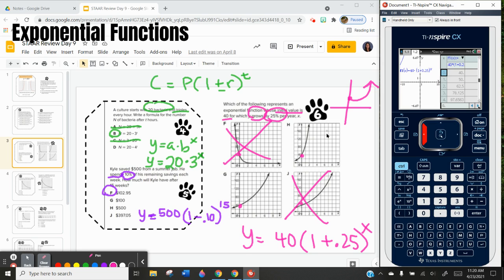which graph is correct. So if you look at the first one, it says 0, 40, which we know that it started at 40. So it should also go through 1, 50, 2, 62, and so on. So I need to figure out which one is going through about 50 and 62. If you look at H and you go to the number 2, that value is nowhere near 62.